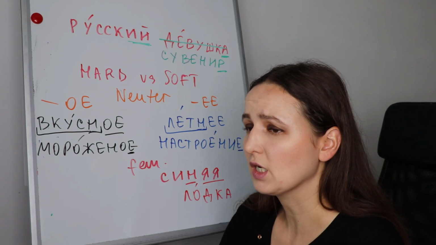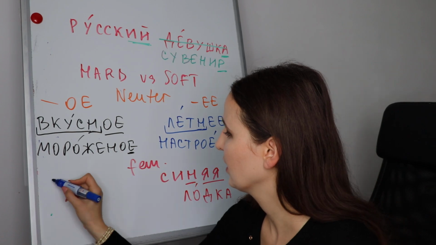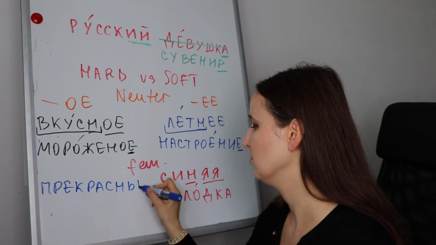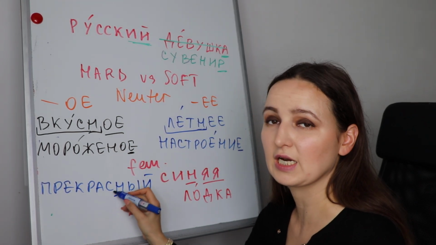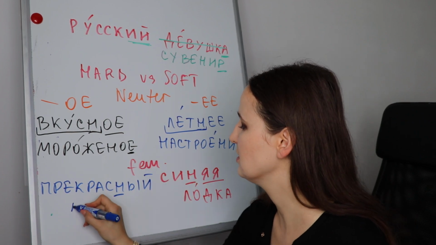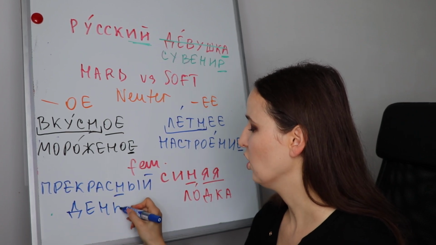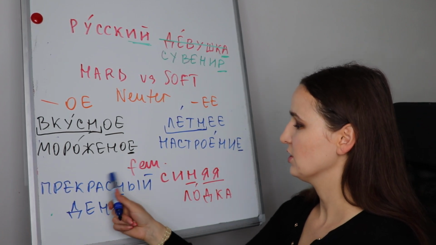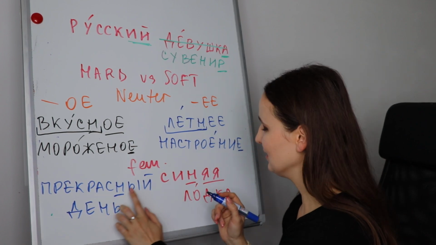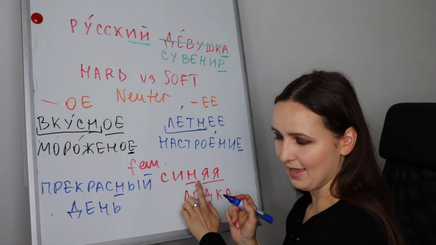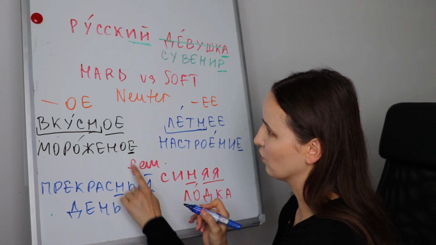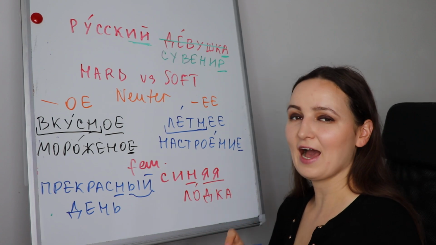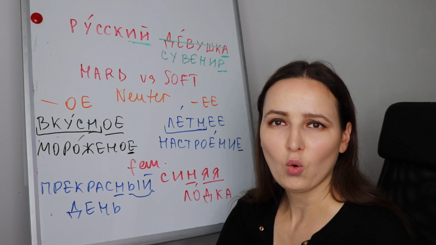Прекрасный день. Wonderful day. Прекрасный hard день. Wonderful day. So прекрасный hard and синий soft N. This is why here I use the ending for hard adjectives ый, and here I use the ending for soft adjectives яя, синяя лодка. Очень хорошо.